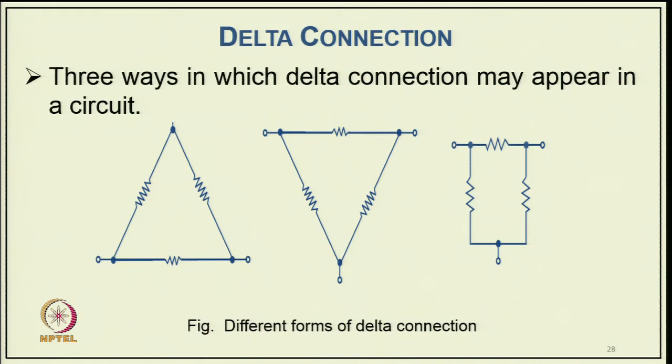Again there are 3 ways to draw these connections. You can draw an upright delta or inverted delta connection, or a pi network as in the last symbol. All the 3 symbols are normally used in circuit networks to suit the space you have in drawing the circuit.